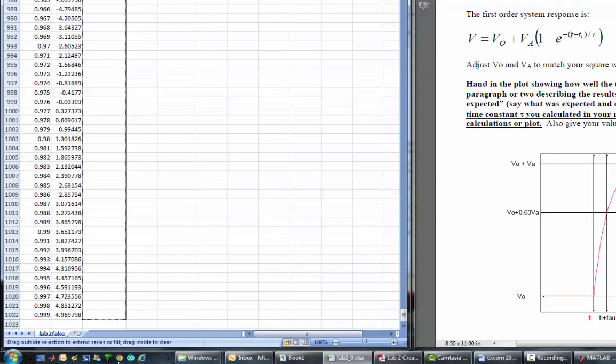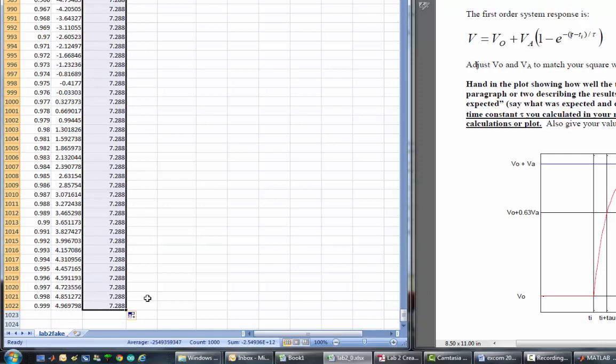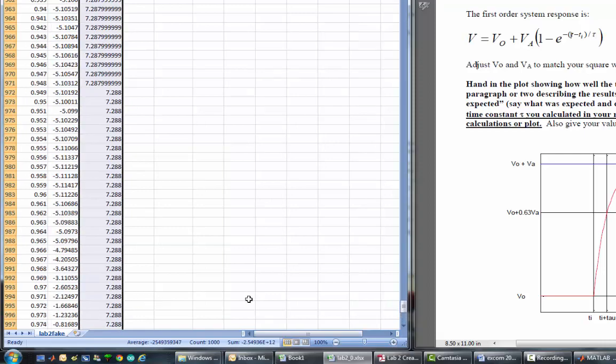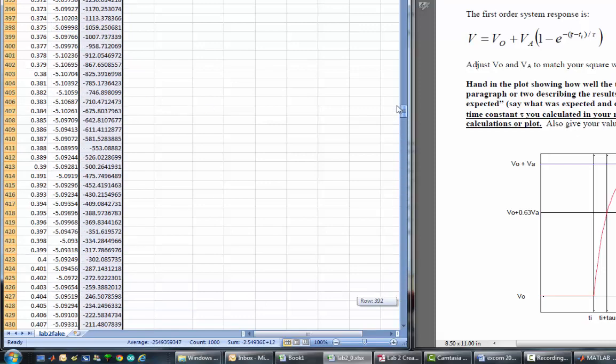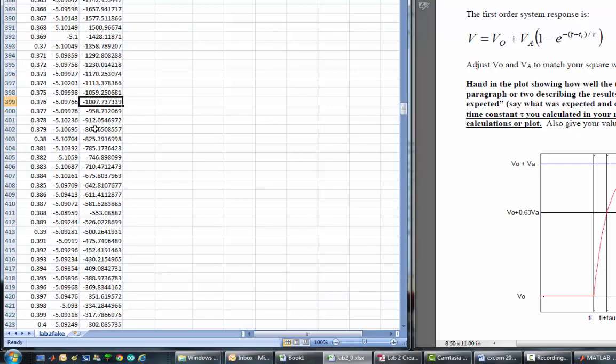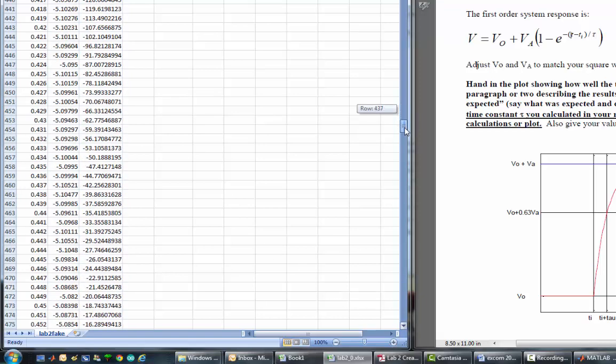I'm just going to copy this formula out. Didn't work. Let's see what happens here.